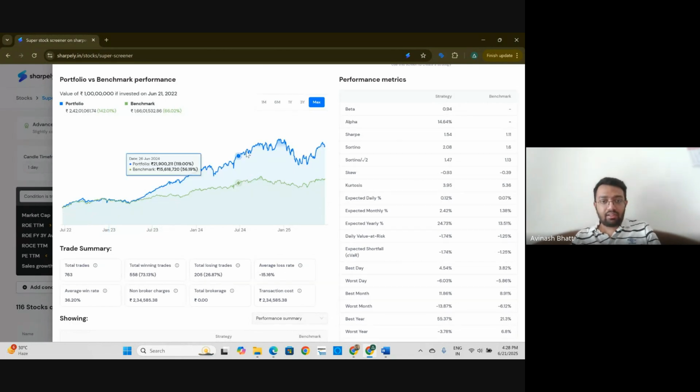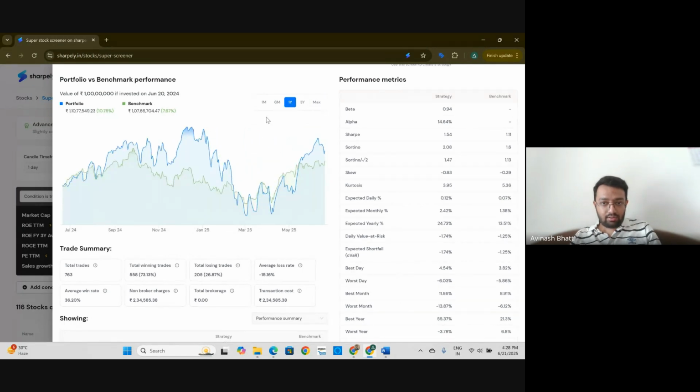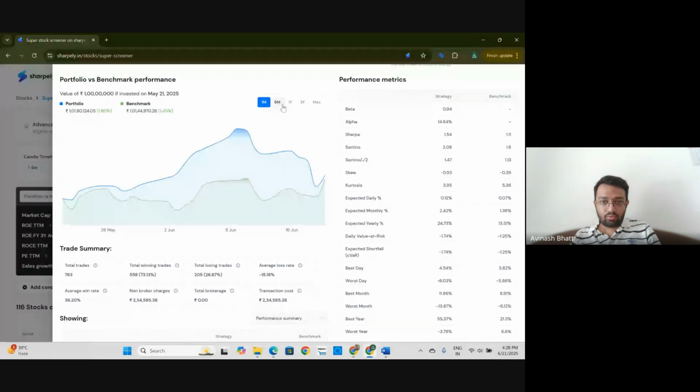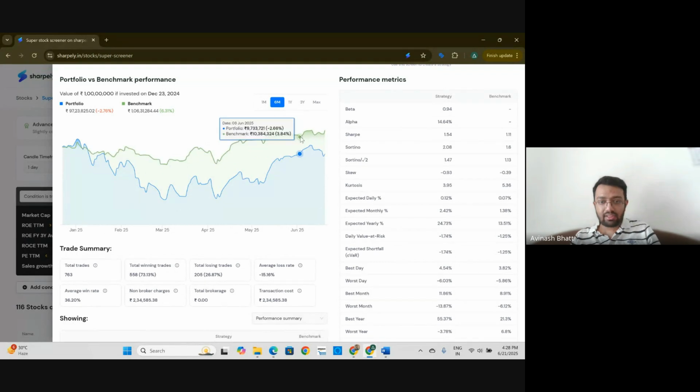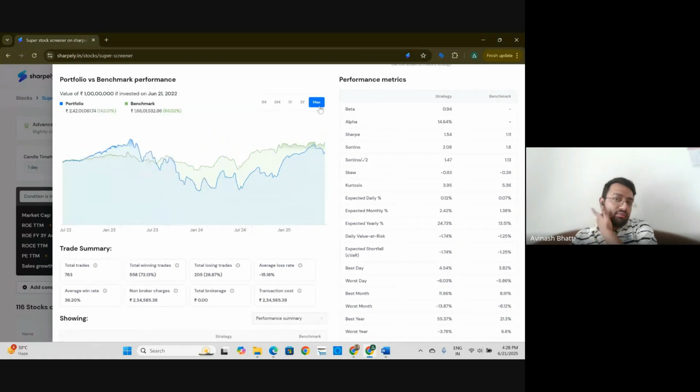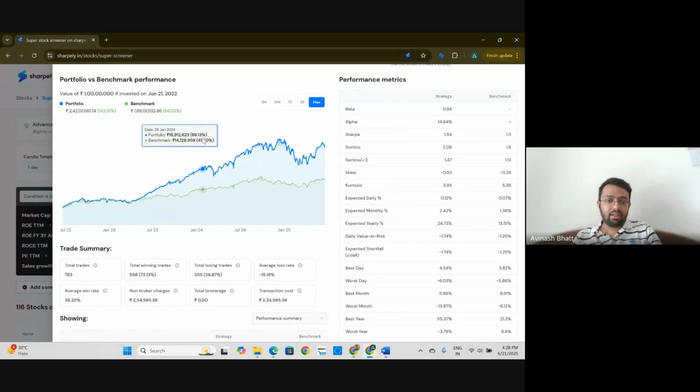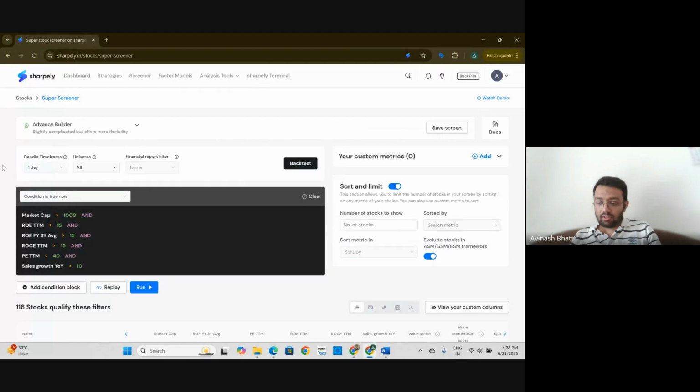But it is a decent enough screen, because we are outperforming the benchmark in the longer run. Now, I can show you in 1 month we are doing well, but in the 6-month time frame, Nifty 50 has outperformed, right? But for 3 years, the returns are decent. So this was the first basic screen that is related to only fundamental screening.